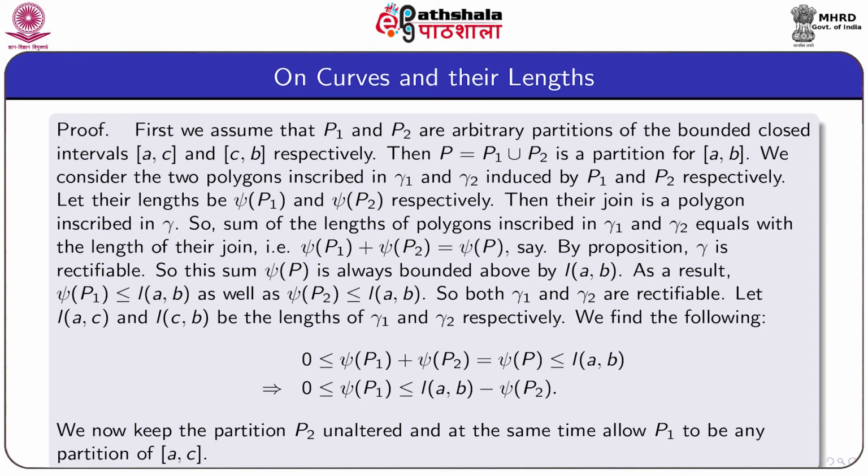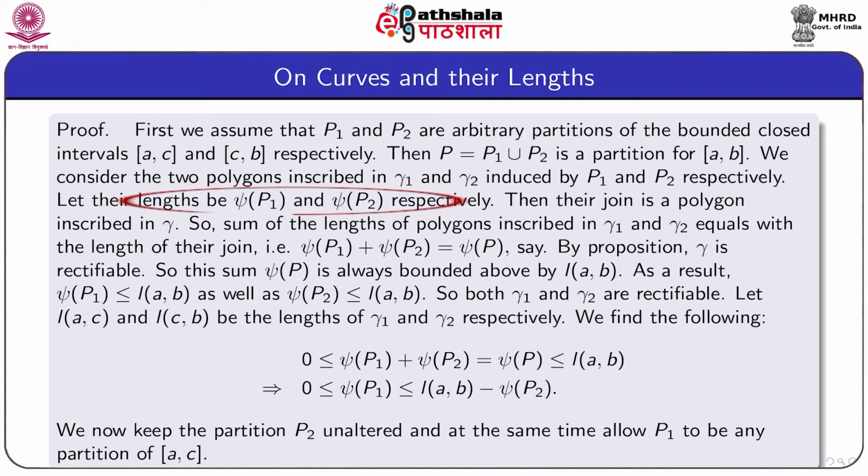We give the proof. First, we assume that P1 and P2 are arbitrary partitions of the bounded closed intervals [a,c] and [c,b] respectively. Clearly, P equal to P1 union P2 is a partition for [a,b]. We consider the two polygons inscribed in the curves gamma 1 and gamma 2 induced by the partitions P1 and P2 respectively.